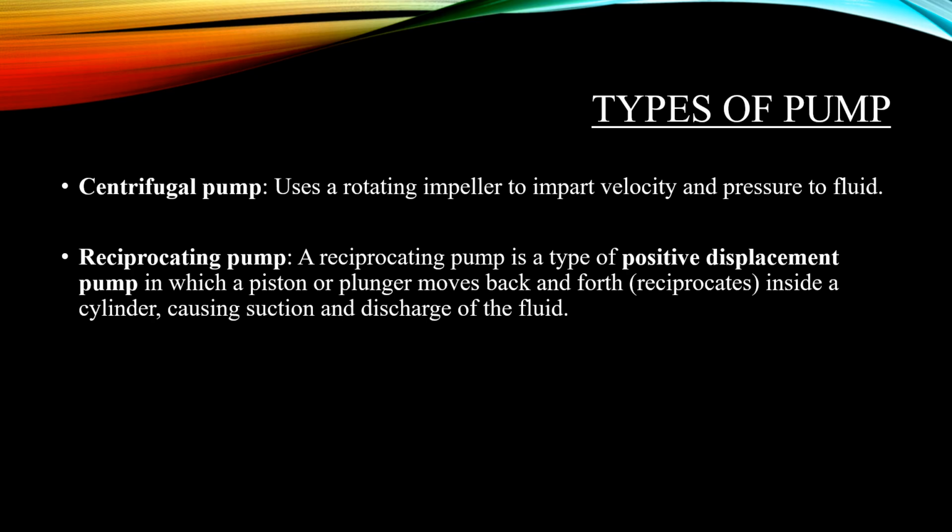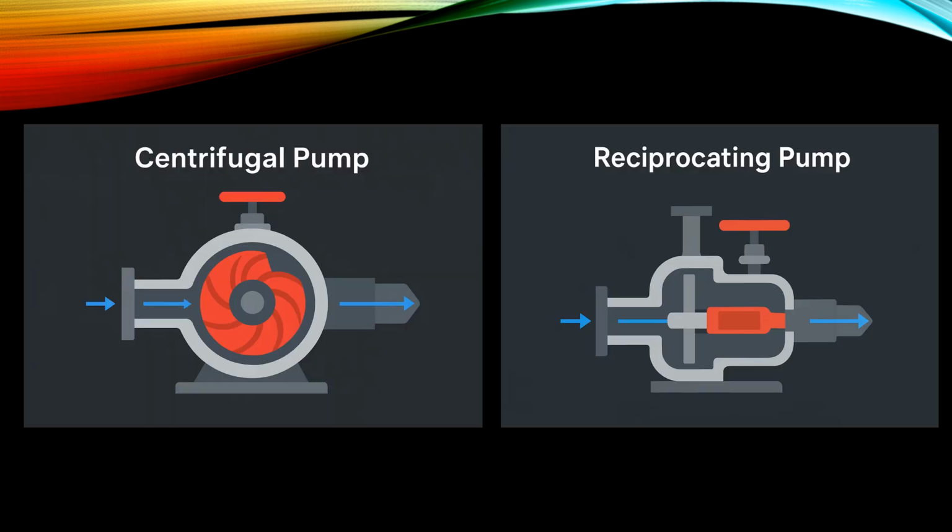Let's remember centrifugal and reciprocating pump with a figure. So here in centrifugal pump, you can see this is the impeller, okay. This is the impeller and it works based on the impeller. And in reciprocating pump, here we have a piston.